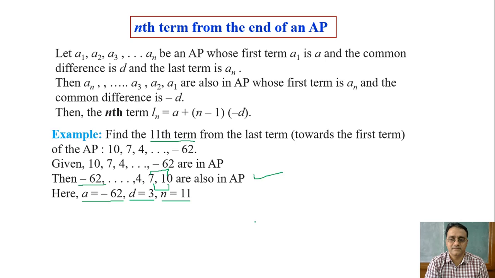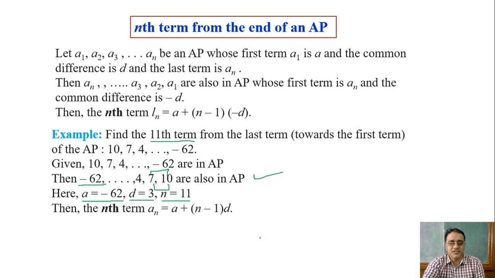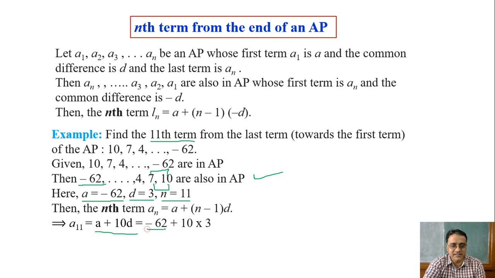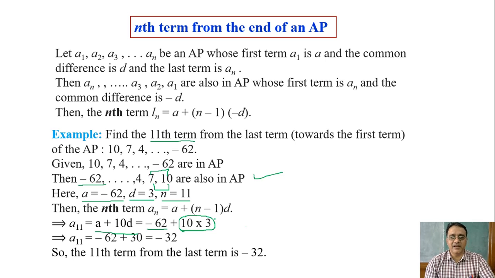Using the formula, A11 is A plus 10D, that is minus 62 plus 10 into 3, so this becomes 30. So minus 62 plus 30, what will you get? Minus 32. Right, minus 32. So the 11th term from the last term is minus 32. Any doubt in this question?